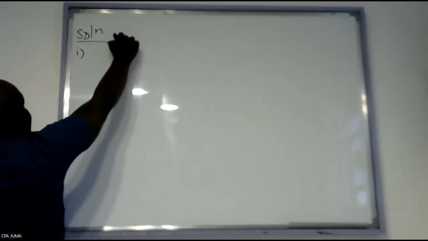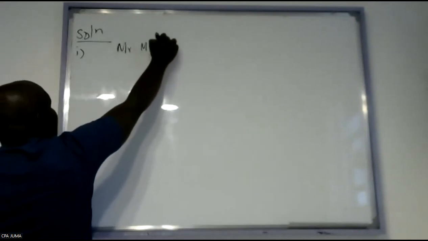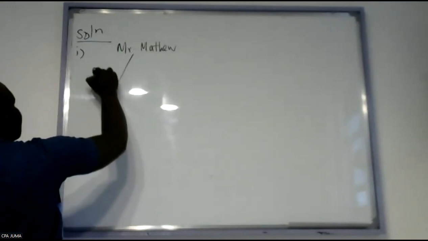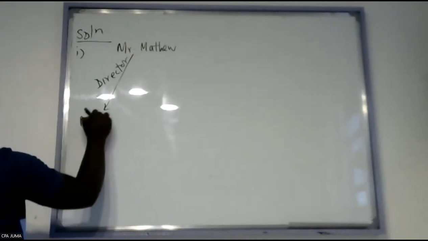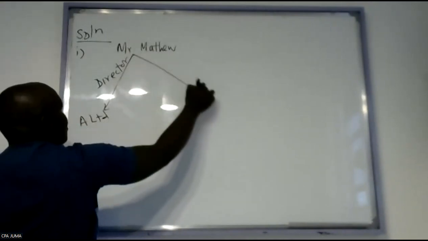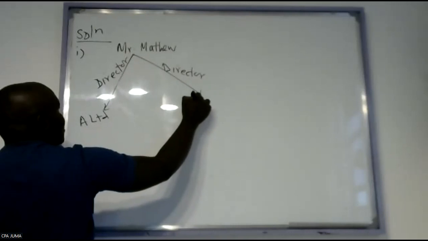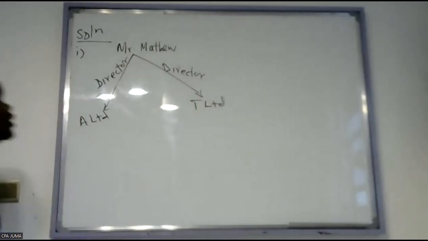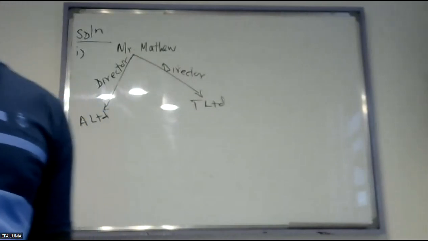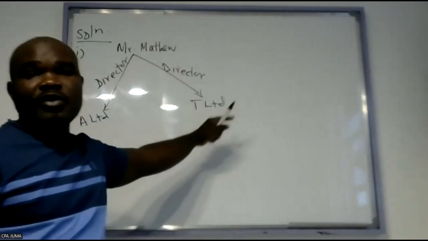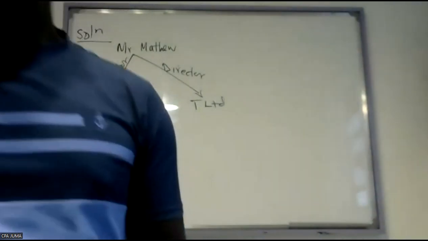So you say, Mr. Matthew is a director in A Limited, and also Mr. Matthew is a director in T Limited. The examiner is asking whether A Limited is related to T Limited. Everyone says no, and I also justify by saying no.